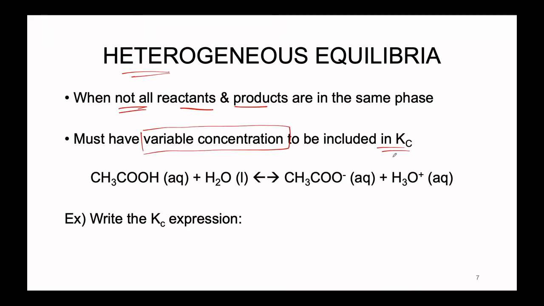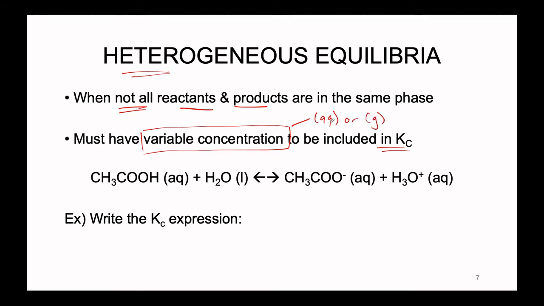A constant number divided by a constant number becomes 1. And so to make our lives easier, we are not going to include any species that doesn't have a variable concentration. Okay, so what does that mean? A variable concentration means that your phase is going to be aqueous or gaseous.